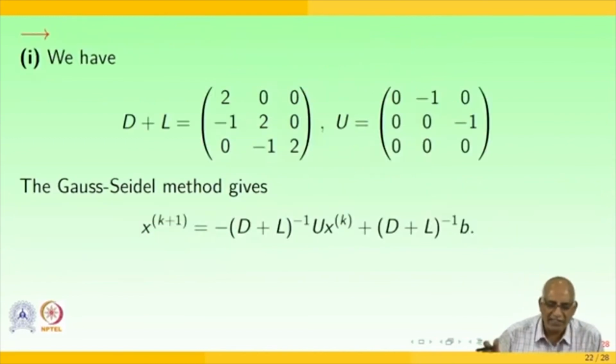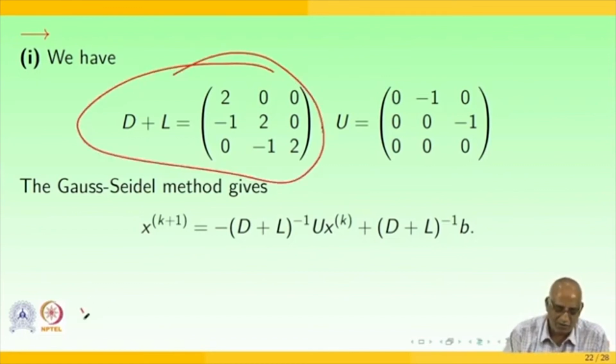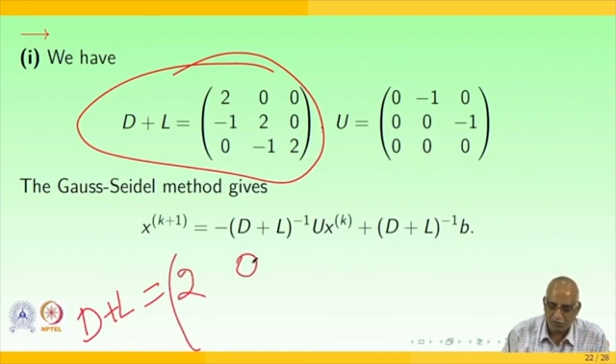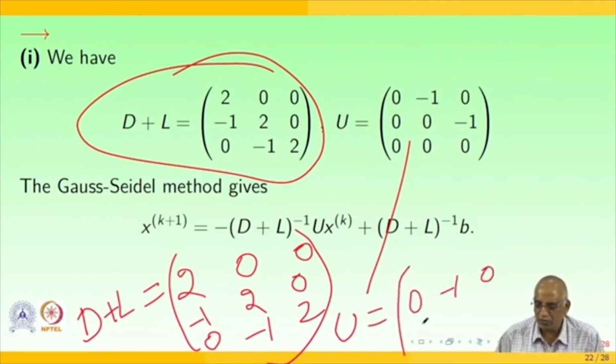If you write these equations, D plus L is nothing but 2 0 0, minus 1 2 0, 0 minus 1 2, and the upper triangular matrix U is equal to 0 minus 1 0, 0 0 minus 1, 0 0 0.